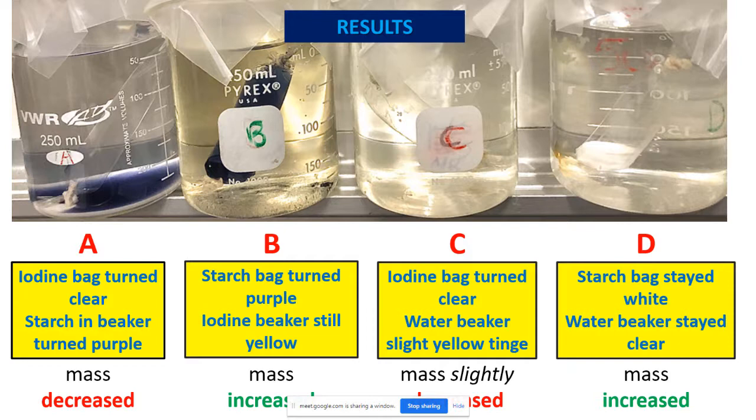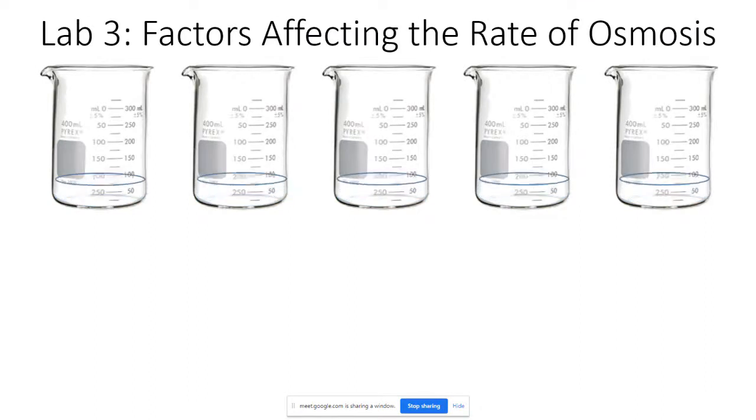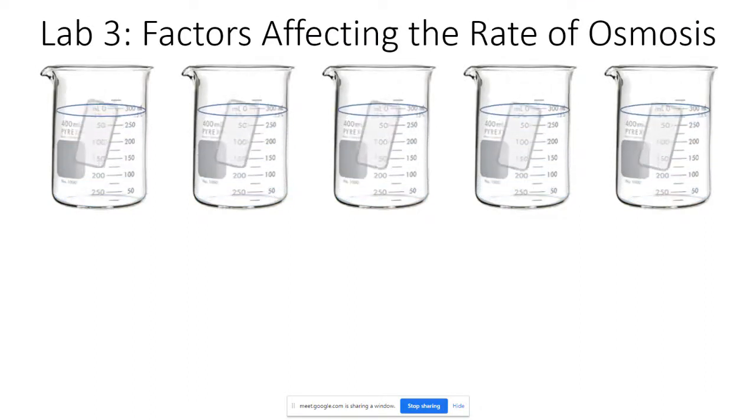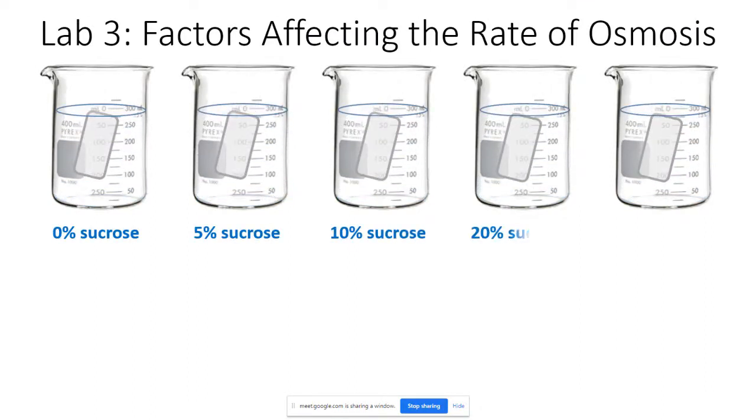In the next mini lab, we're looking at factors that affect the rate of osmosis. And so you fill up these beakers just full of distilled water, and in each of those beakers you have a little baggie, but inside the bag is a differing concentration of sugar, specifically sucrose, like table sugar. So in the first baggie, you have 0% sucrose, which I hope you know would mean that there's just no sugar.